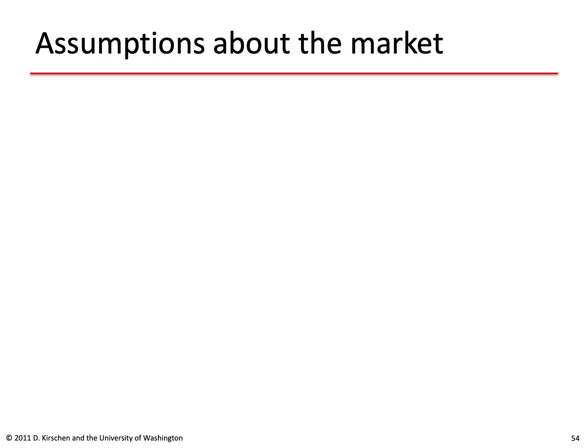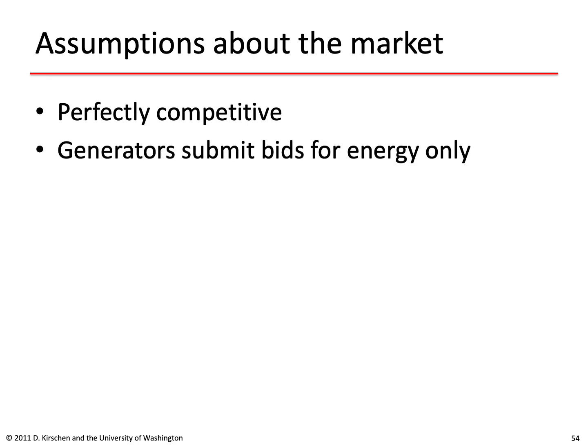We will make a few more assumptions about this market. First, we will assume that it is perfectly competitive, so we don't have to consider market power abuse. We will also consider that generators submit bids for energy only. We will relax this constraint a bit later.